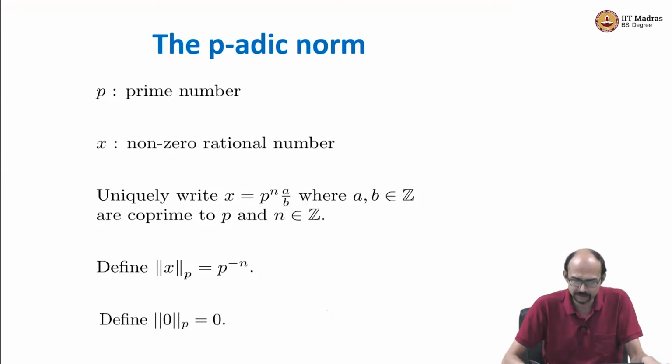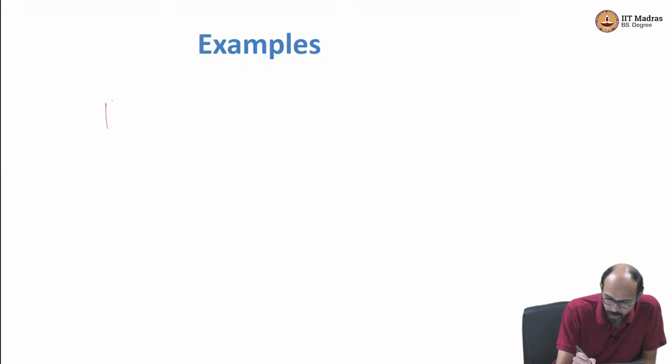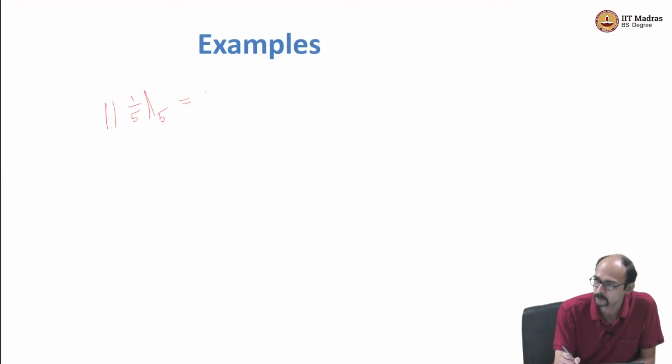Okay, so just to set ideas, let's do a couple of examples. So for example, if I have 1 by 5 and I take the norm with respect to 5, what would this be?